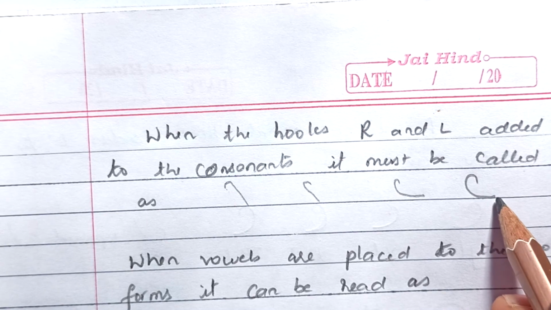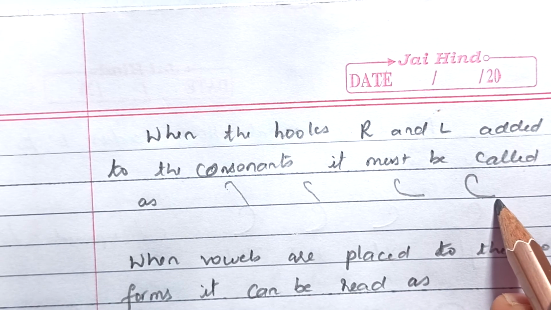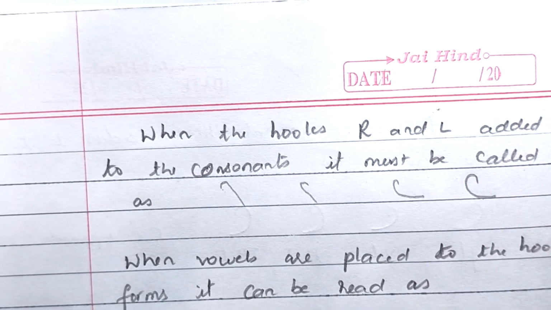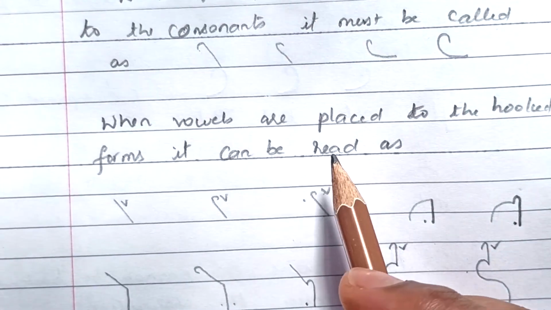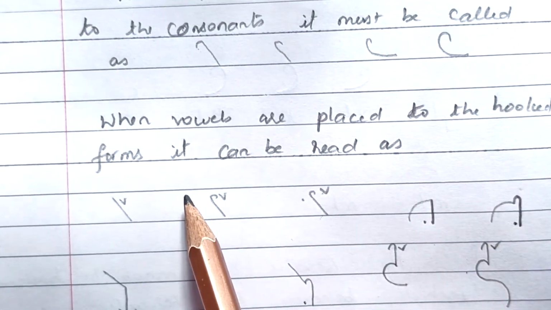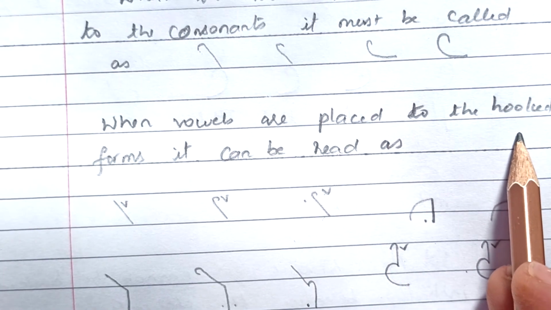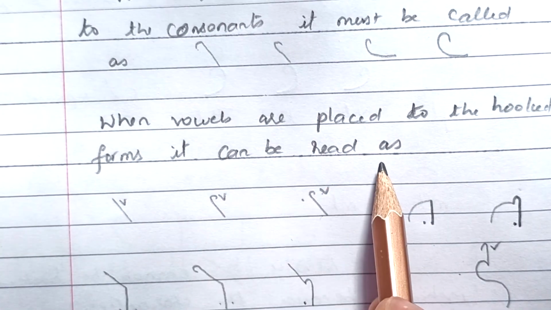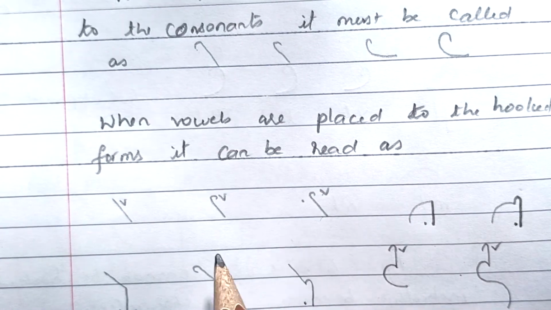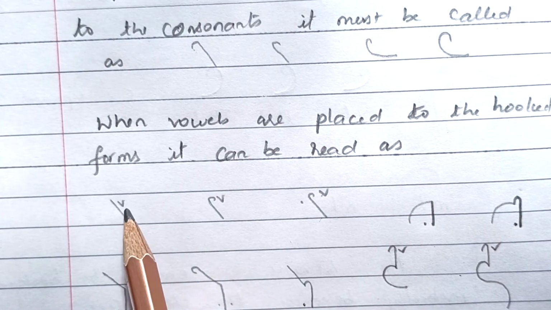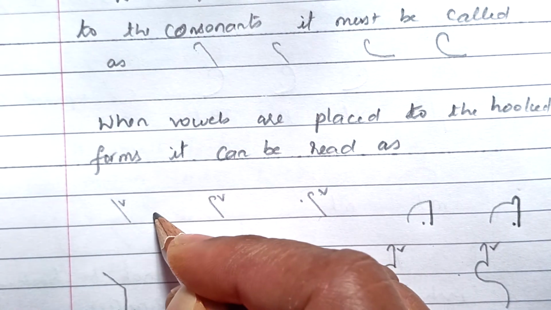This is how the sound is given to these consonants. And when vowels are placed to the hooked forms, it can be read as P and I. So, pi.